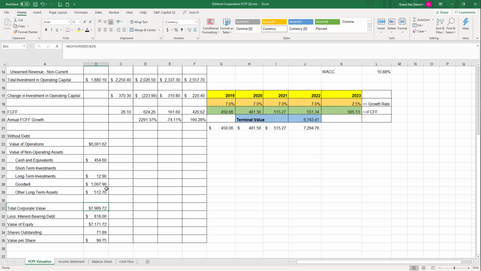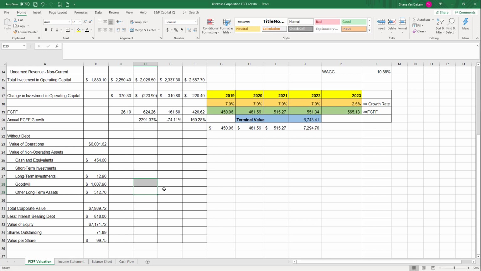If the other non-operating assets would move with the firm, you want to include them, but generally in an acquisition situation they're not. And so you're going to look at just those value of operations. So that's the valuation for Oshkosh.